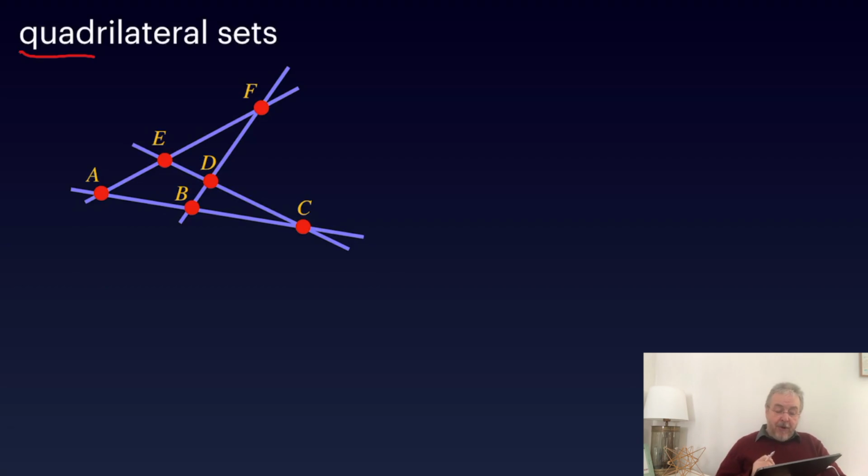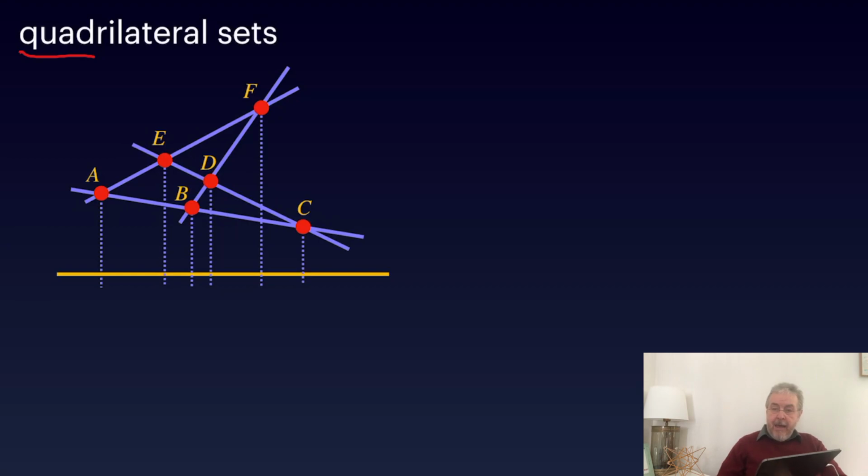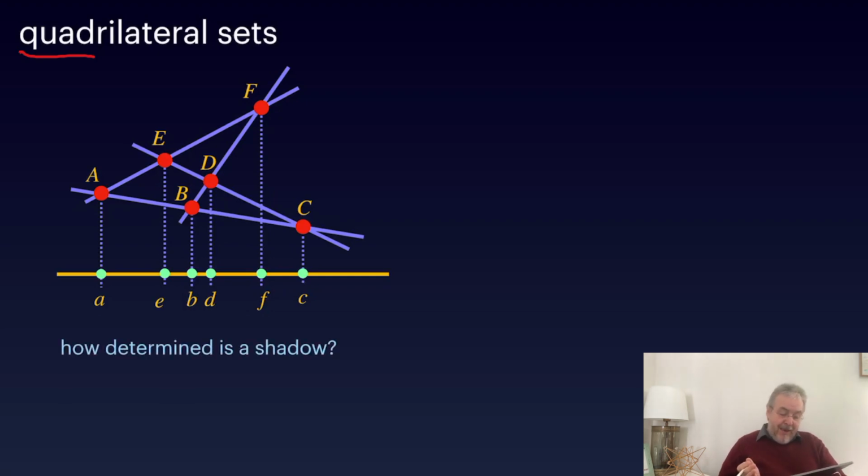And now we do the following: we take a line and project those points down on that line and form the 6 points of intersections, and we are interested in the relation of those 6 points. And what happens? You may consider this as a kind of shadow.